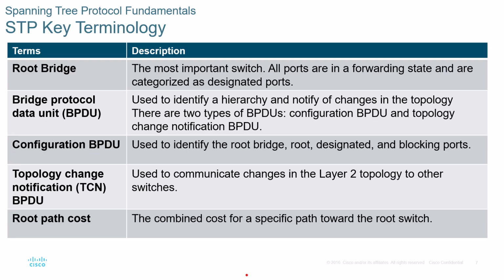We also need to talk about different forms of BPDU, like the topology change notification, or TCN BPDU. This is what's going to be used to communicate changes over layer 2 topologies to other switches. We're also going to talk about our root path costs. That's going to be a core concept when we're talking about our blocking ports, because in the previous slide, we said designated port, root port, and one blocking port. Well, we have to identify what link will be going down.